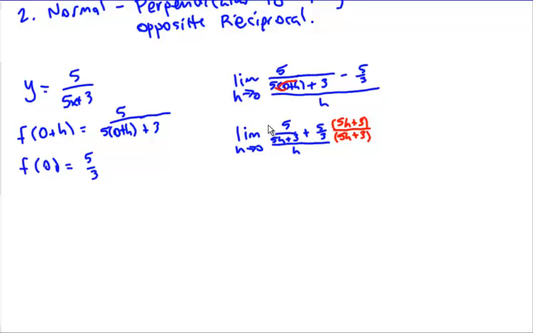And then on this guy, I'm going to multiply by 3 over 3, top and bottom. 15 minus 25h minus 15, all over 3 times 5h plus 3.